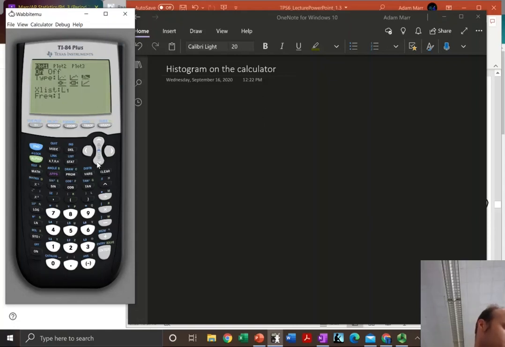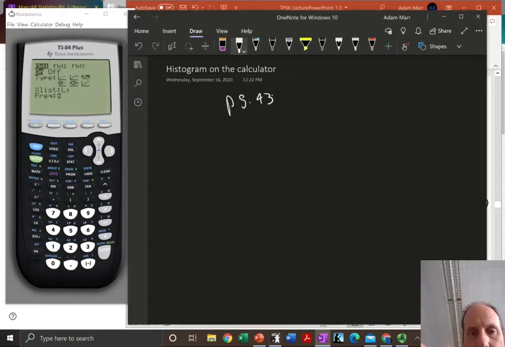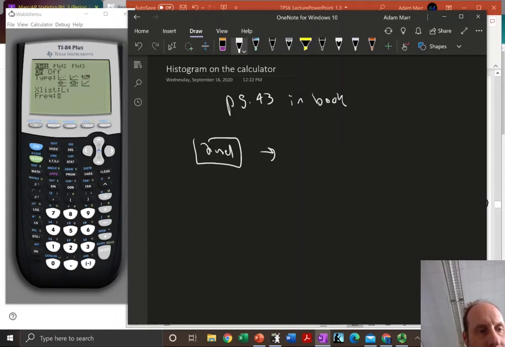All right, so it's all adjusted. By the way, this is on page 43 in your book if you want to follow along. But basically, all I did is I went to second, and then I pressed the stat plot option, which was right where y equals is.